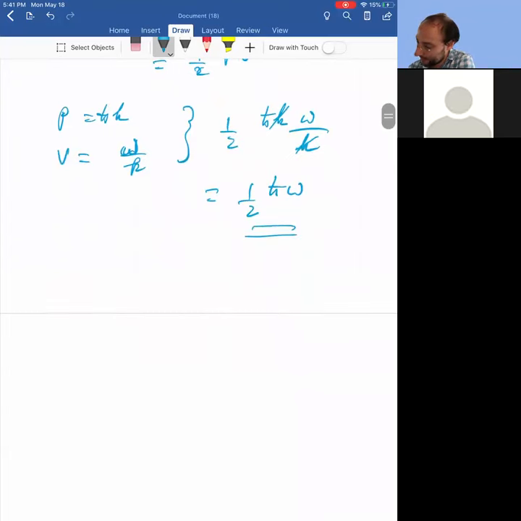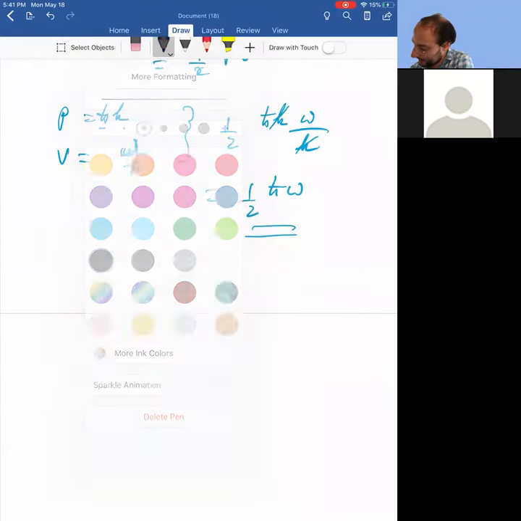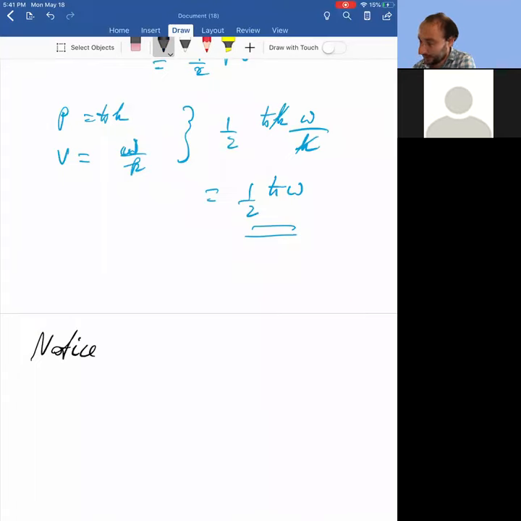Notice that omega over k, do you remember where this comes from? Well, this is 2 pi f over 2 pi over lambda. The 2 pi's cancel.